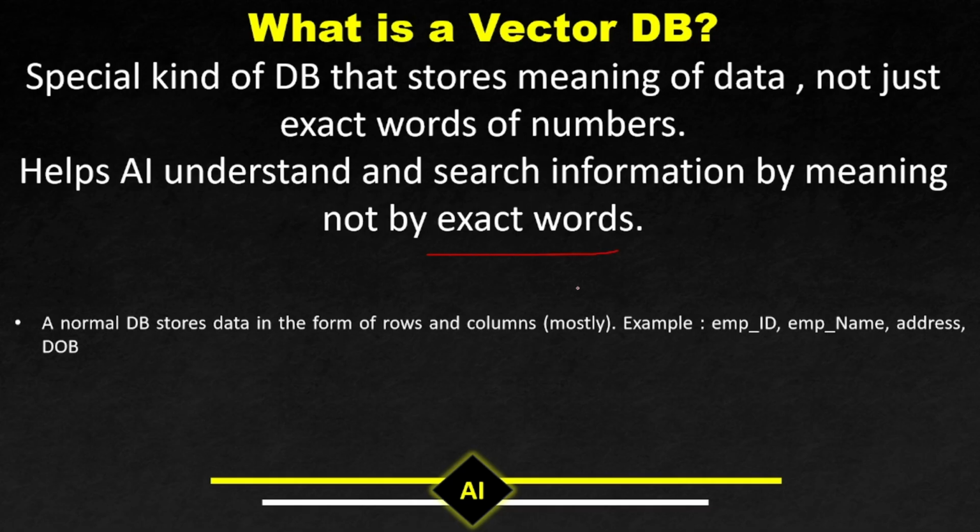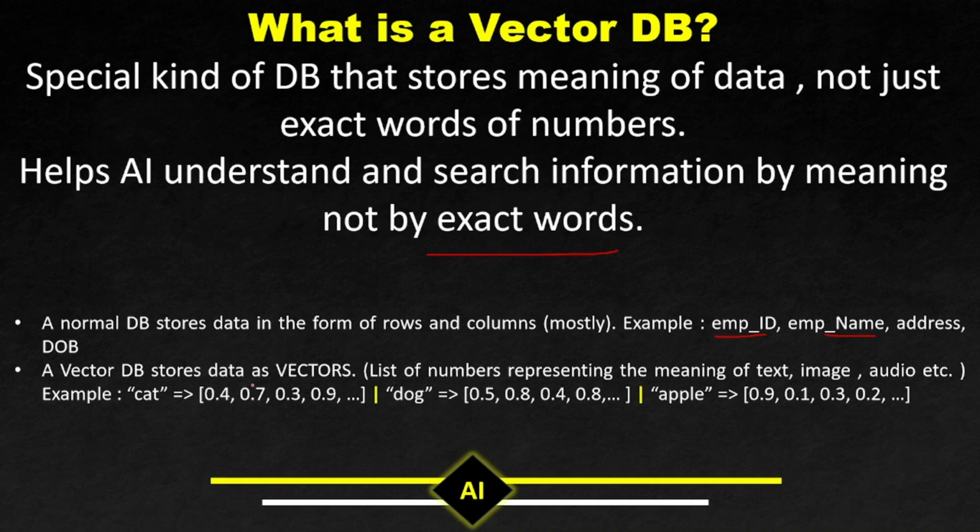Unlike normal databases like SQL Server or MySQL, where a query exactly matches the details and then returns the matching records, vector databases do a different kind of search and provide the result. A normal DB stores data in the form of rows and columns, mostly like employee ID, employee name, address, date of birth, etc. But the Vector DB stores vectors instead.